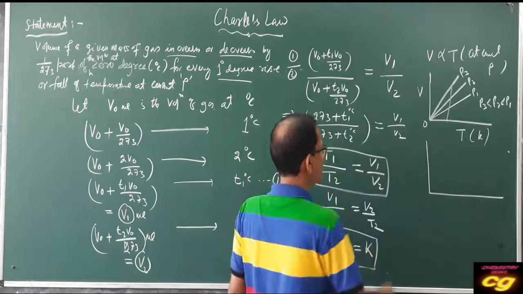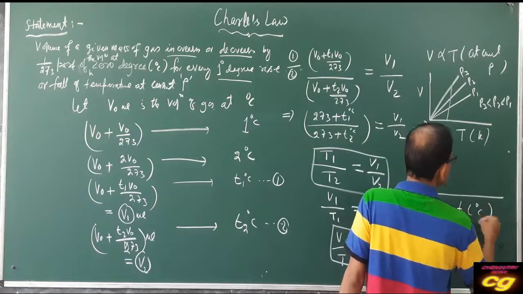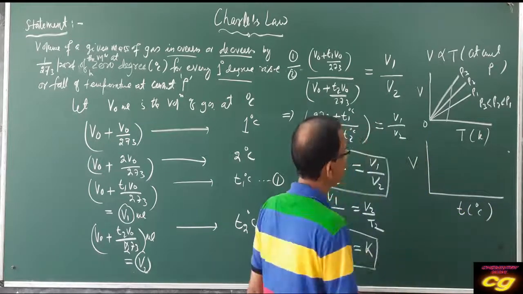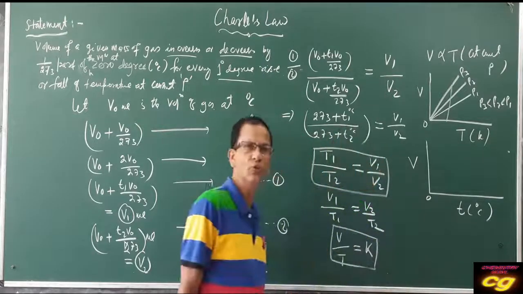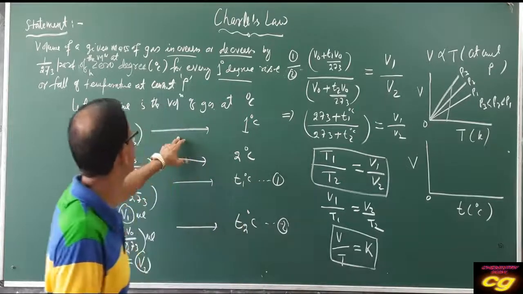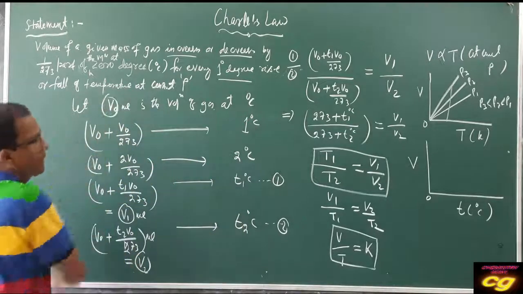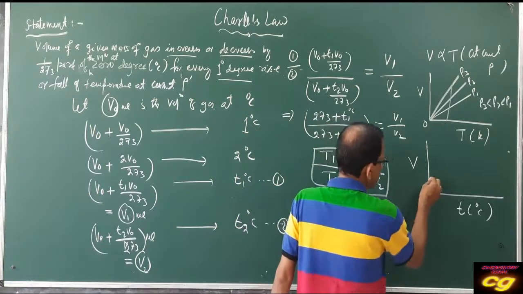Here, suppose this is your V and this is your small t, degrees Celsius. The graph will be as at a degree Celsius, this is 0 degrees Celsius, but we know at 0 degrees Celsius the volume will not be 0. At 0 degrees Celsius the volume is taken as V0. So the graph will not start from the origin, it will start above the origin, like this.